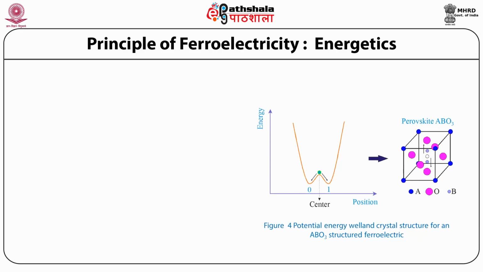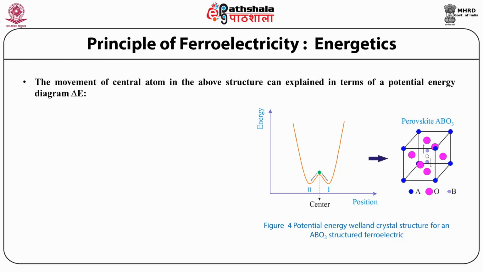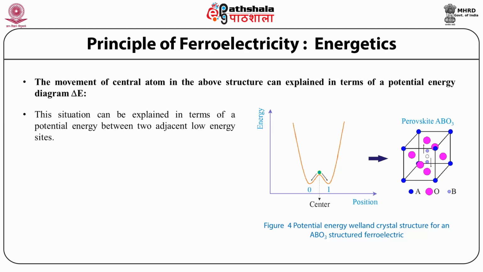Principle of ferroelectricity, that is, energetics. The movement of the central atom in the above structure, which we discussed earlier, is shown in terms of an energy diagram in this slide. You can see the potential energy well on the left hand side and a crystal structure for ABO3 on the right hand side. This situation can be explained in terms of potential energy between two adjacent low energy sites.